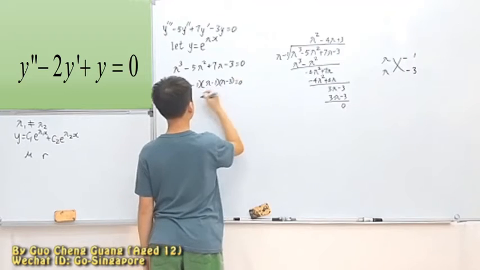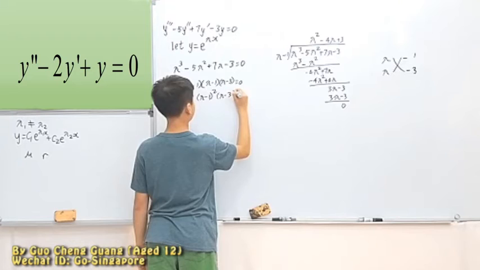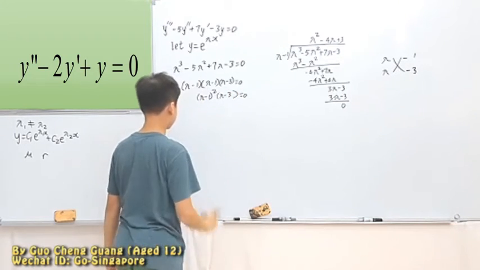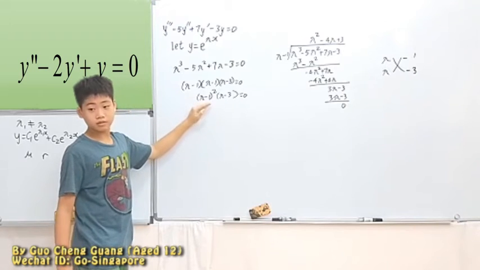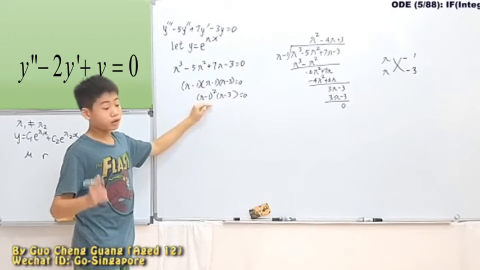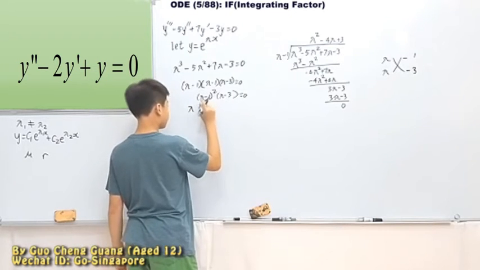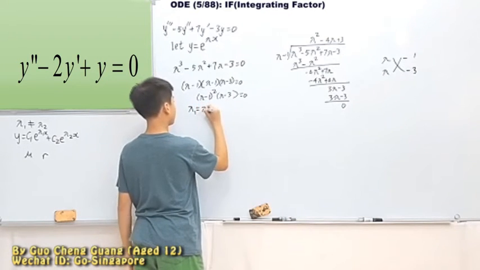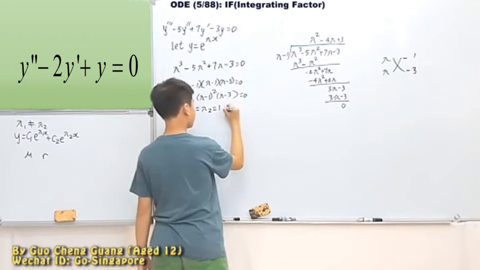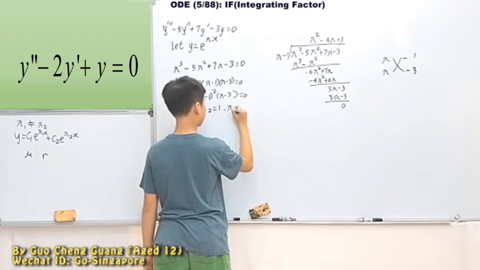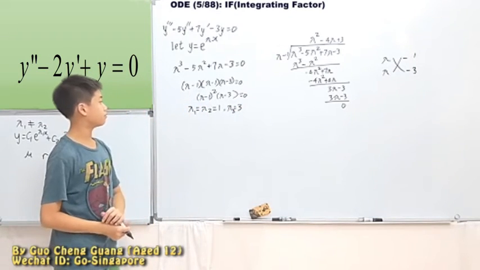Wait, what does this mean? You have 2 of this, and one of the other. So you have 2 of these answers, which are the same, and one other. For these first two, you can call them lambda 1 and lambda 2, equal to 1. Then lambda 3 would be 3.